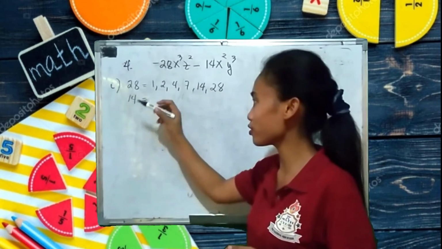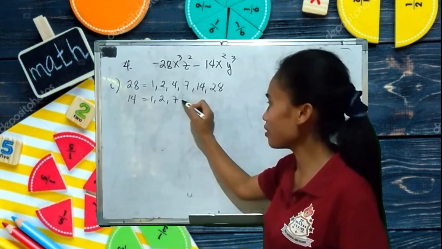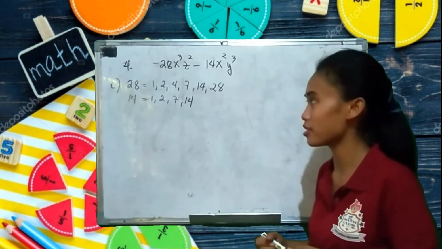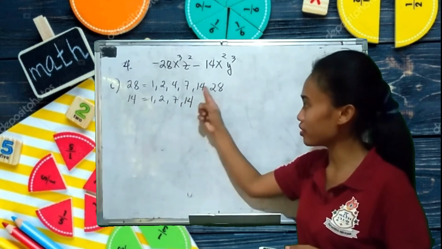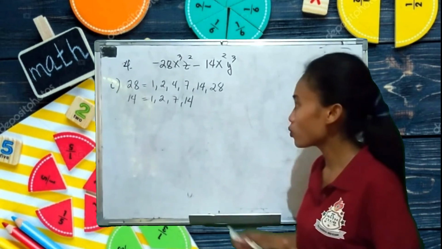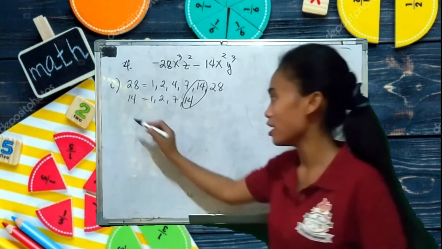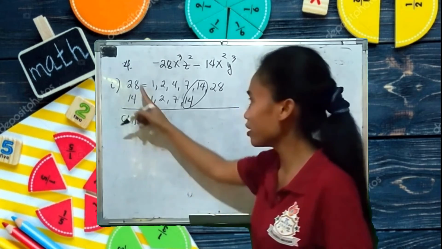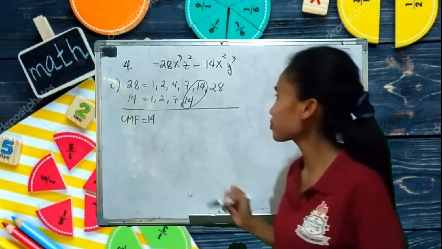And finally, the factors of 14 are 1, 2, 7, and 14. If you come to think of it, the common factors are 1, 2, 7, and 14, but we need the GCF, which is 14. So, the CMF now for the numerical coefficients is 14.